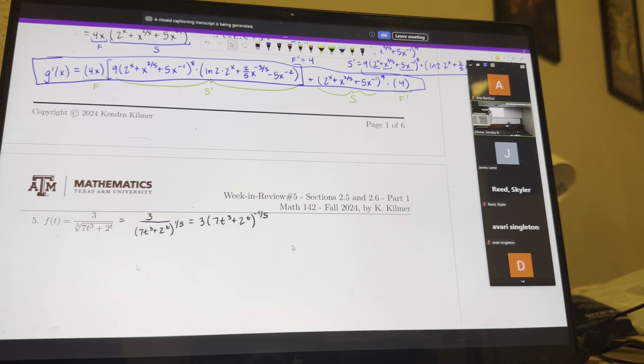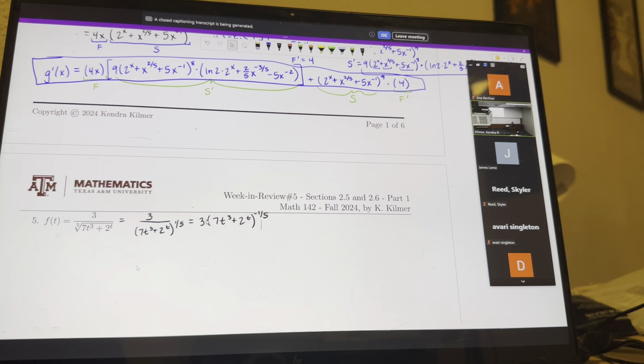No. What would make me need to use the product rule? If I had a variable out in front here. If I had like 3t, then yeah, I'd have to use the product rule because the two things I'm multiplying together are both functions of t. But since it's just a 3 out in front, I'm just dealing with a constant times a composite function.